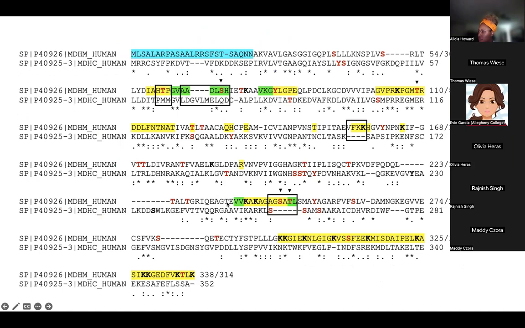So if you align the cytosolic and mitochondrial MDH, here's the cytosolic on the bottom, here's the mitochondrial. Mitochondrial MDH has that leader tag, which is not going to be found in the cytosolic MDH, because this is the targeting tag that brings MDH to the mitochondria where it's cleaved off.